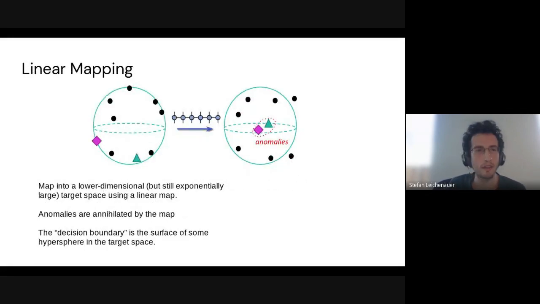The thing that we do train is the linear mapping, the linear mapping from this high dimensional embedding space to a lower dimensional, but still exponentially large, target space. Lower dimensional by a lot. The target space has a still exponentially large dimension, but the exponent is different, meaning that in terms of just absolute magnitude, the dimension is very small.